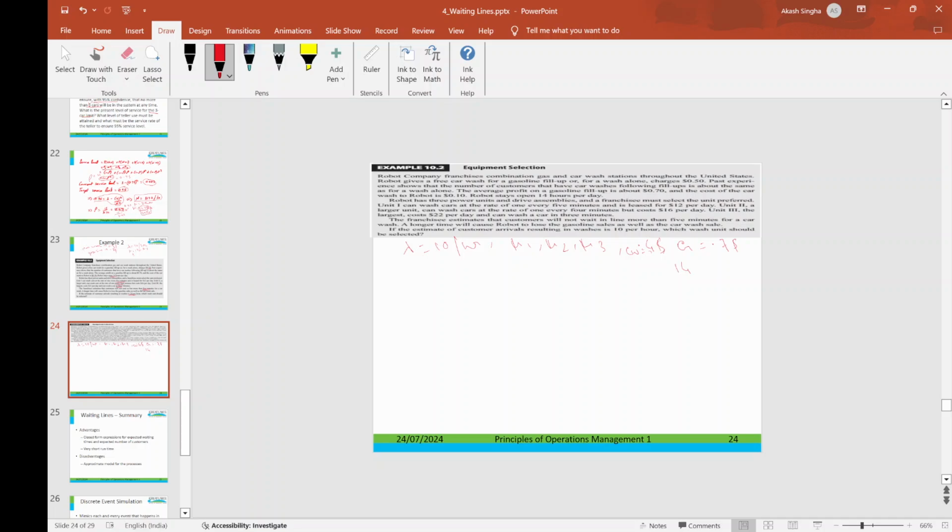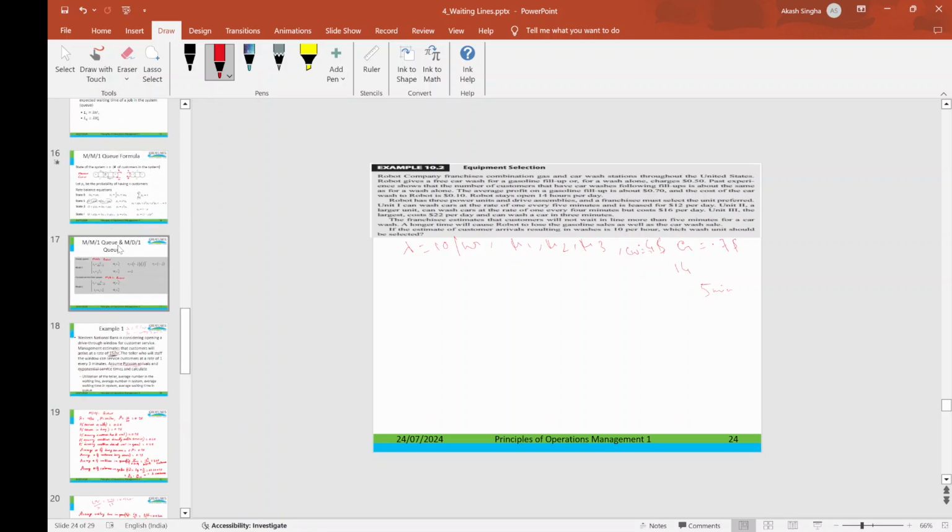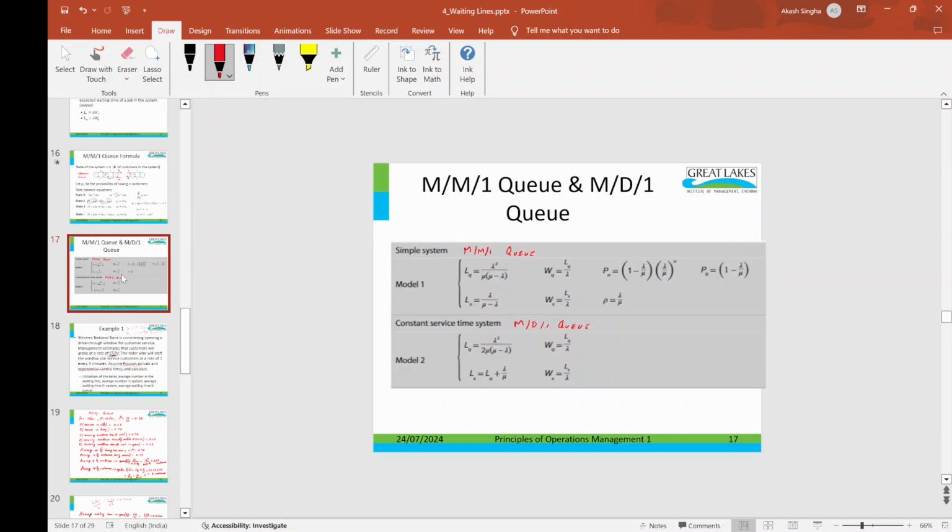So what we have to calculate is, it is given that customers won't wait more than 5 minutes. So we have to calculate how much time it would take if we are taking server 1, server 2, and server 3. For that, if we go back to the formulas here, the customers won't wait in line.